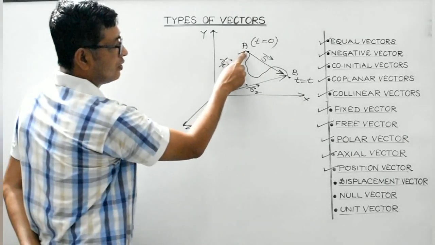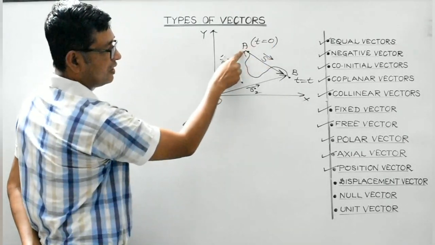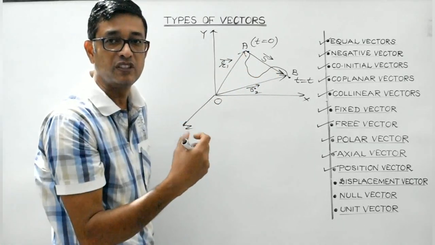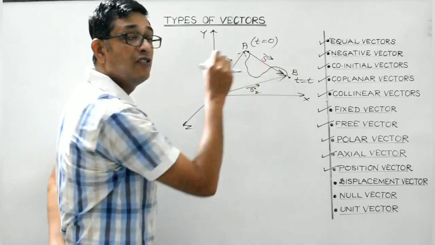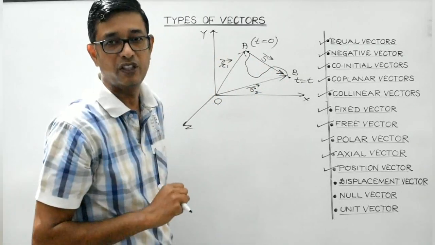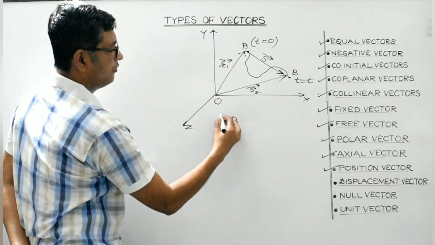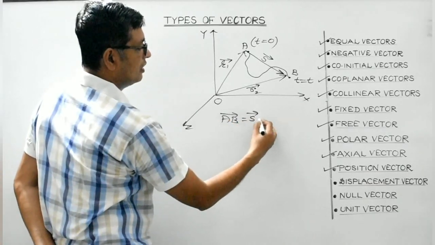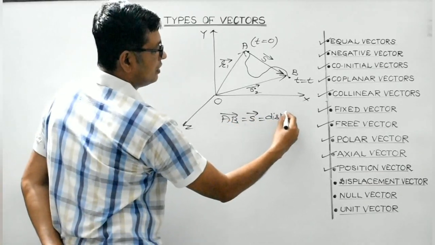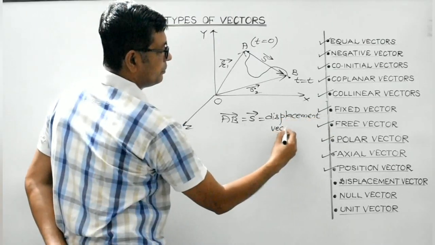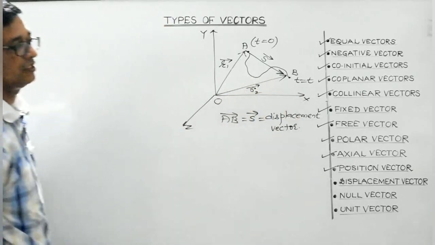So the tail of the displacement vector must coincide with the initial position, and the arrowhead, which is the terminal or the end point or the terminus, must coincide with the final position of the body or the particle. So here AB vector or S vector represents displacement vector.